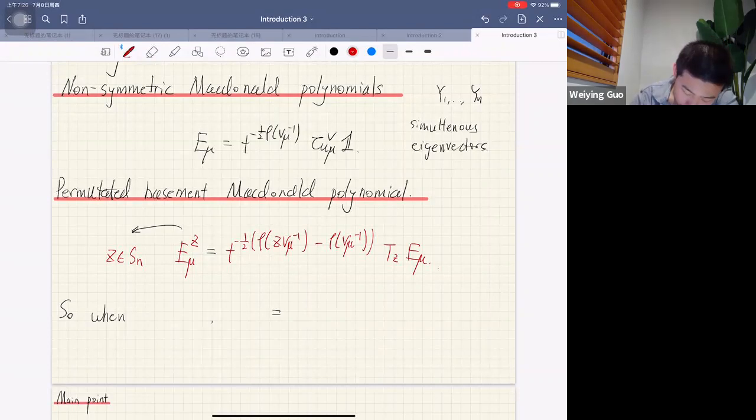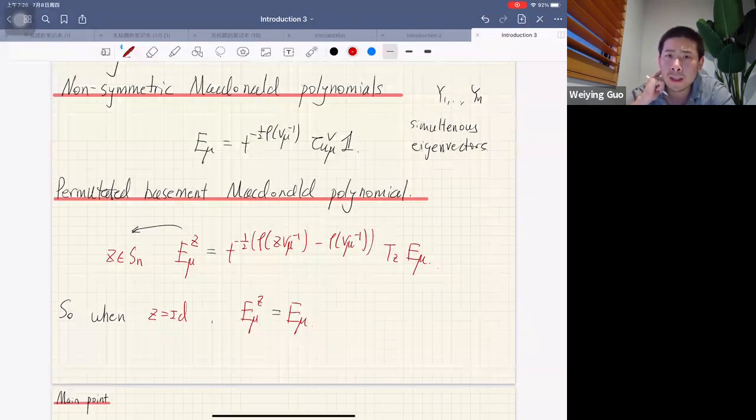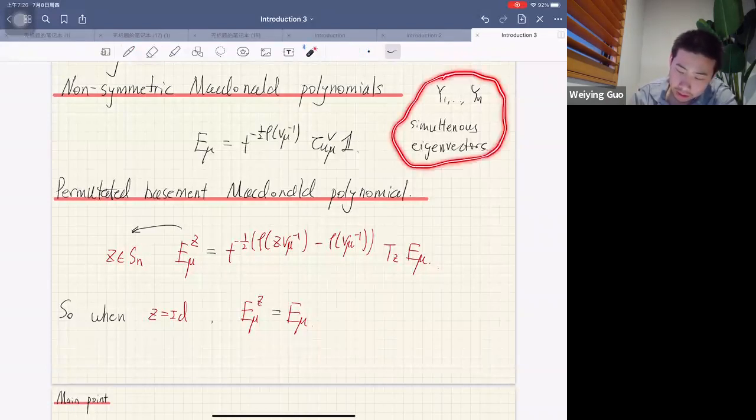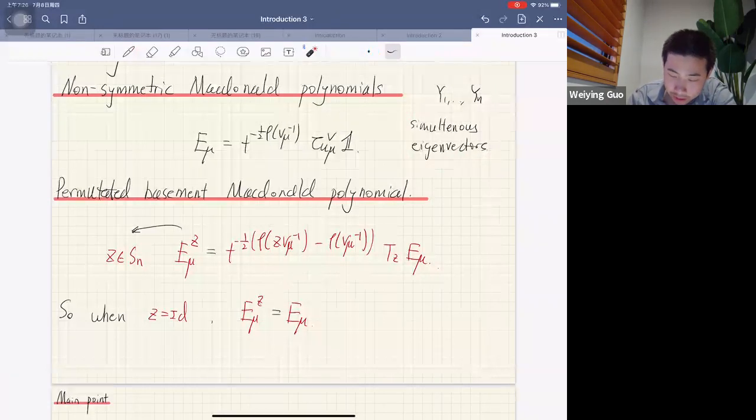When we set z equal to the identity, we recover that E_{mu,z} is simply E_mu. So we get our non-symmetric Macdonald polynomial when specializing z equals identity. We also remind ourselves that those non-symmetric Macdonald polynomials are simultaneous eigenvectors of those Y1 to Yn on the polynomial representation.